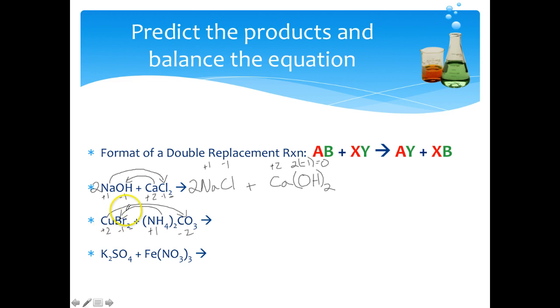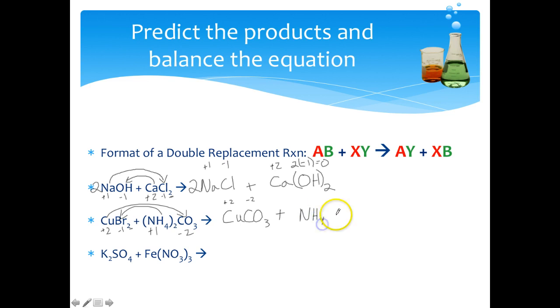Putting things together, copper and carbonate, so CuCO3, copper has a charge of +2. Carbonate is a -2. Rule of 0 has been accomplished, and we're done. Moving on to the next one, NH4 coming together with Br.